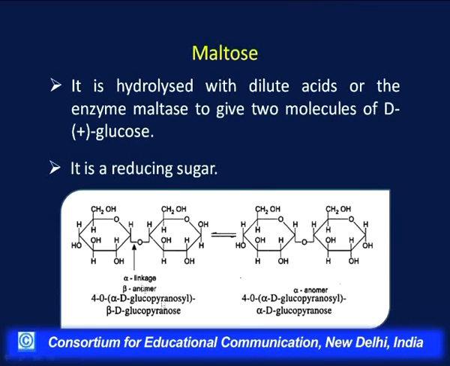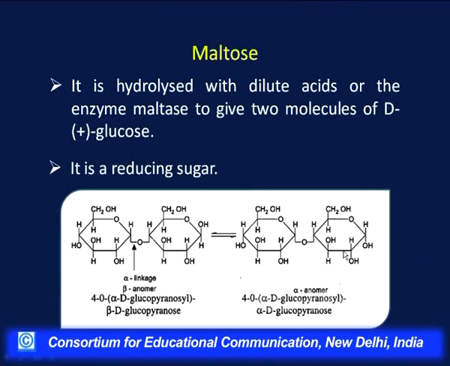Since it has formed the bond, it becomes pyranosyl. So, what we call 4-O means through oxygen it is linked at the 4th position, and what is linked? Alpha D-glucopyranosyl. This represents the alpha D-glucopyranosyl, and then we call it beta D-glucopyranose because it is a beta anomer and this is D-glucopyranose.